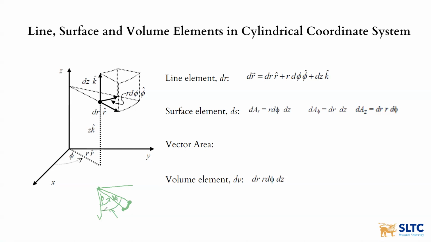This distance is R into phi. You are correct, you are in the correct domain. You need to improve your answer a little bit more. R into phi is the distance that we move from the x-axis up to this point.